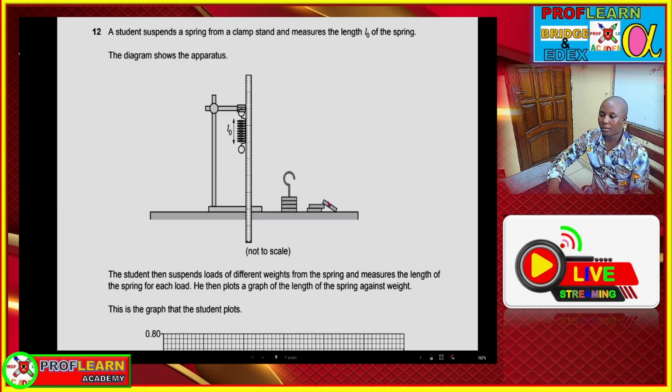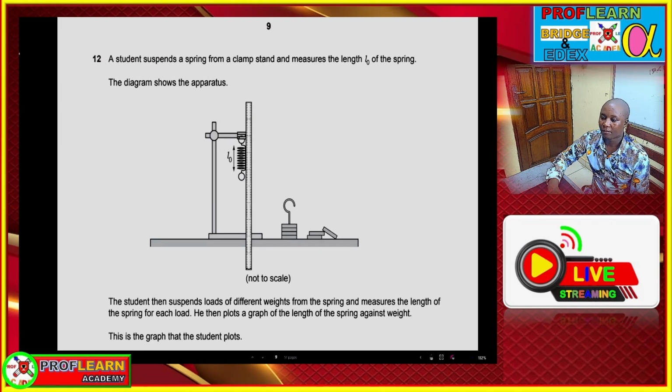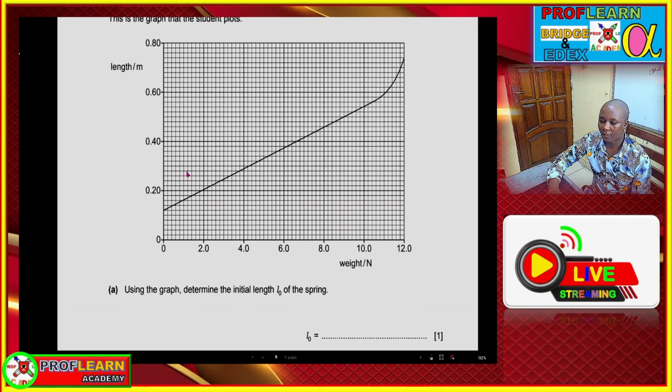And you are going to be asked questions to do with extension, force and extension graphs. That is Hooke's law. Maybe a graph like this, you are asked to state the original length, initial length. Initial length is when there is no load, there is no force acting on that particular spring.